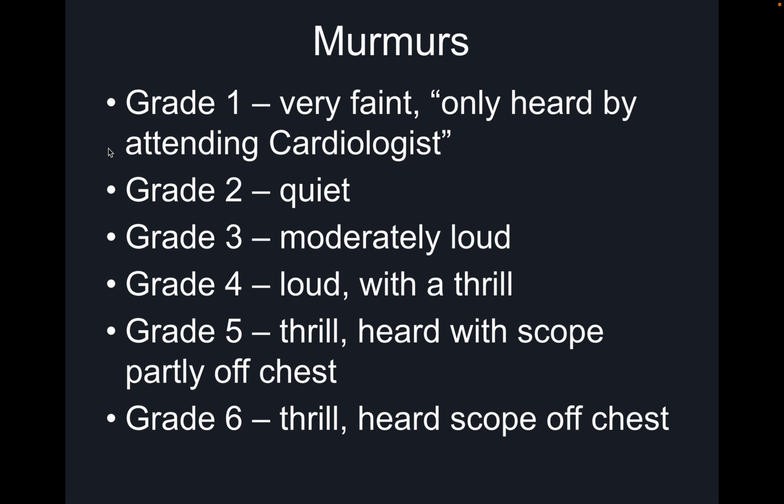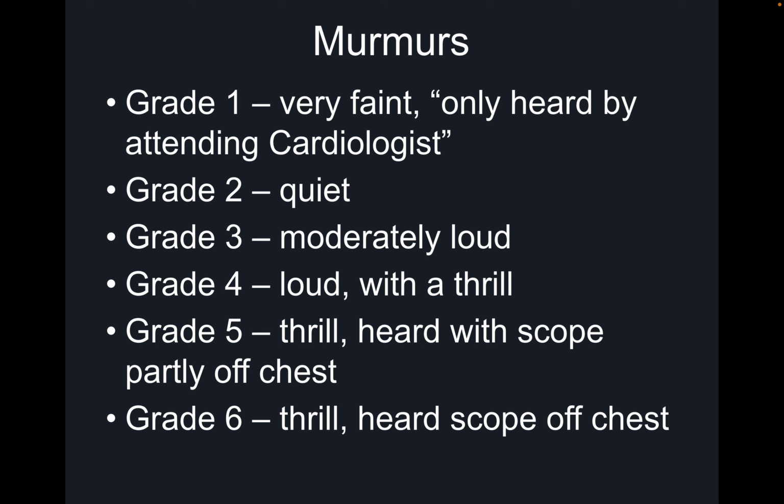Then we're going to be assessing for murmurs. Murmurs are, again, turbulent flow associated with sometimes valvular disease or abnormalities with the septum of the heart. And when blood is flowing in that turbulent fashion, we can sometimes hear it as a murmur.